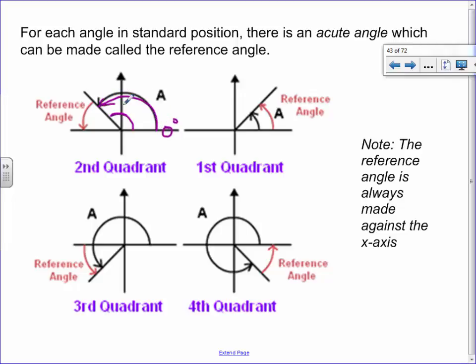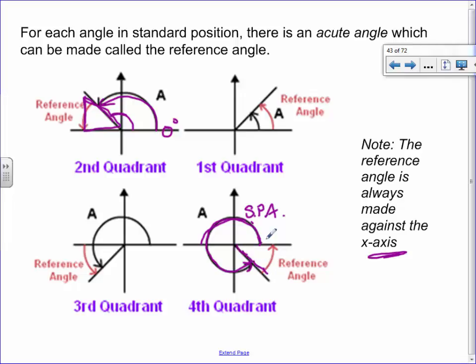That's called a standard position angle. Whereas a reference angle is the shortest angle that you can make that goes to the x-axis. It's always to the x-axis. You see how here you're going all the way around the circle? This angle right here would be called a standard position angle, starting at 0 and opening up over and over again. The reference angle is then the smallest angle you could make to the axis.